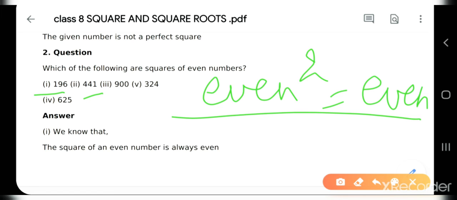This is not an even number, so this is not the square of an even number. This is an even number, so it is the square of an even number. This one is also an even number, so this is the square of an even number. This is an odd number, so this is not a square of an even number. So out of these questions, we have just these three as squares of even numbers.